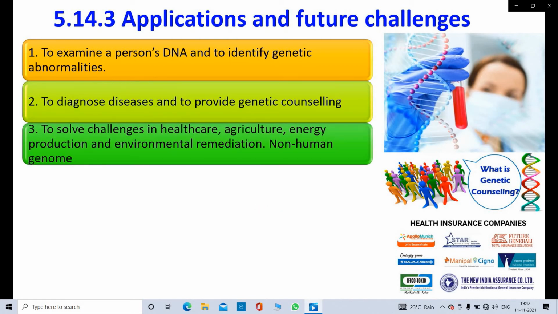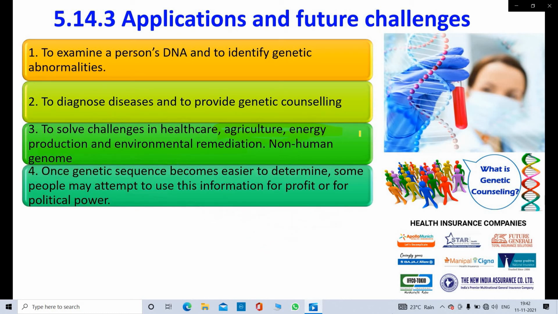Third point, to solve challenges in healthcare, agriculture, energy protection, and environmental remediation. Students, I consider the third point as non-human genome because everything here involves plants, agriculture, energy protection, and environmental remediation. We can consider this a non-human genome related application.